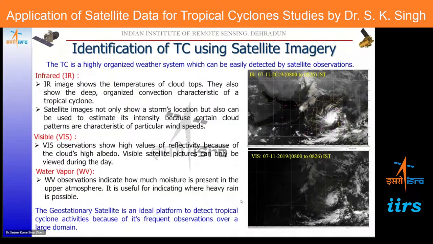Once the satellite provides the information about the tropical cyclone, how can you interpret that information? In the satellite imagery, there are infrared, visual, and water vapor. Infrared mainly shows the temperature of the cloud tops. This shows the deep convective, organized convection characteristic of the tropical cyclone.